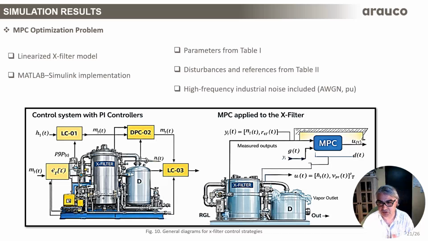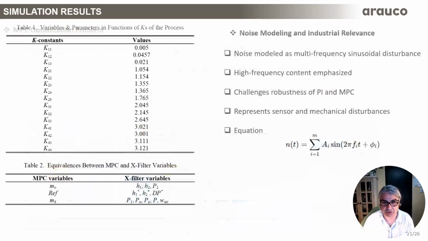All model parameters were obtained from the analytical derivations presented earlier and are summarized in table 1, which is present now, while the disturbances are listed in table 2.